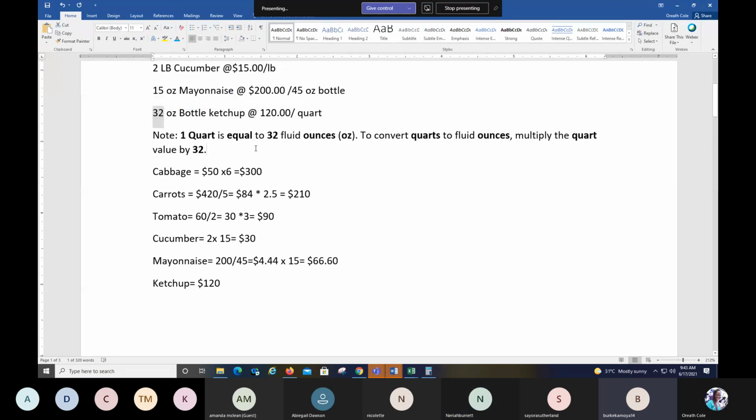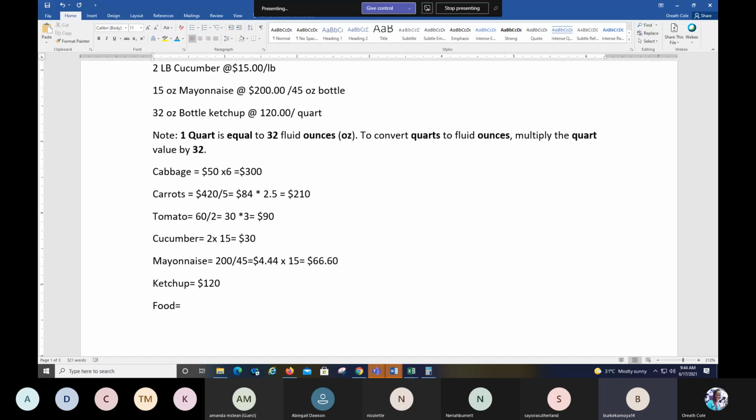But the fact that 1 quart equals 32 fluid ounces, there was nothing to calculate. So we'll just use the figure because it remains the same. You just have to look at what the question asks and see if you need to calculate something, yes or no.